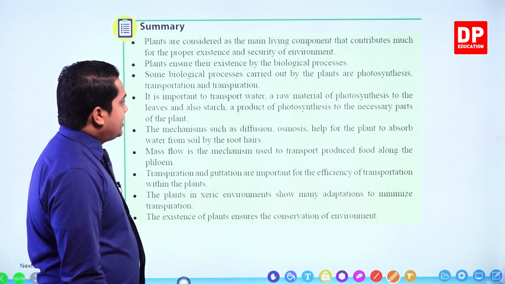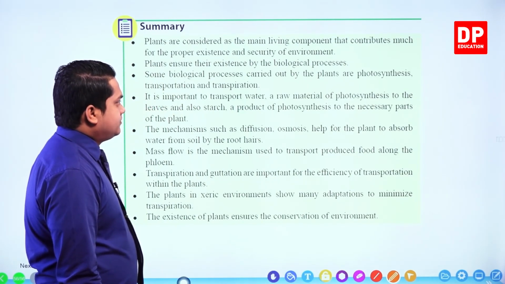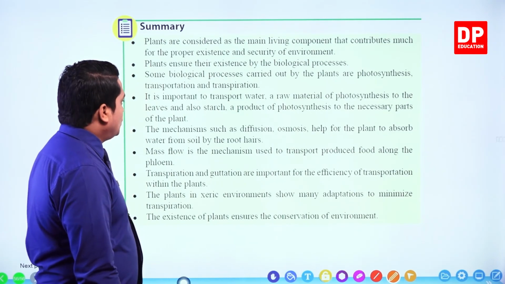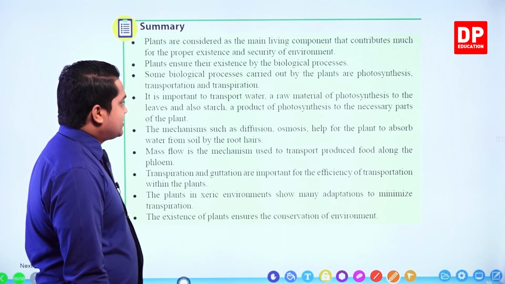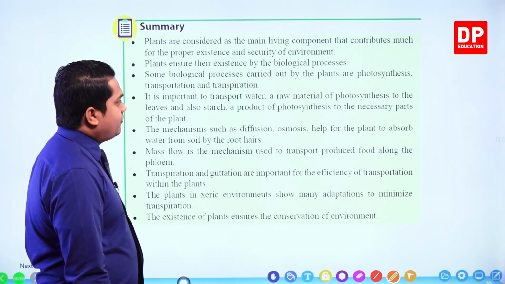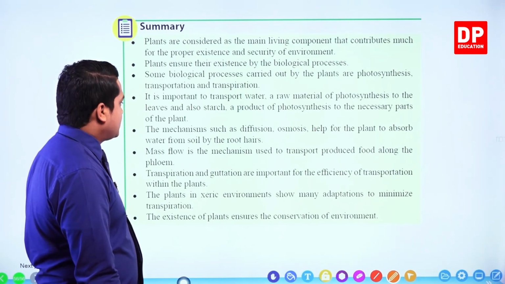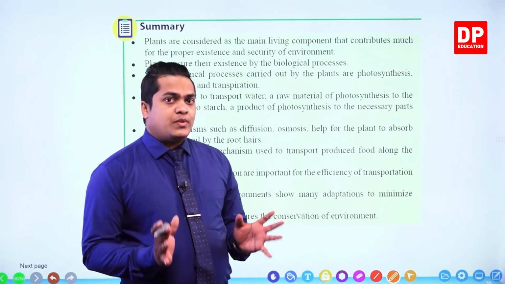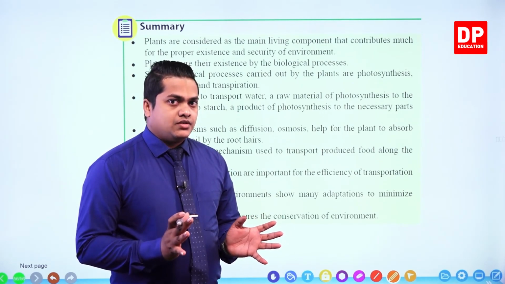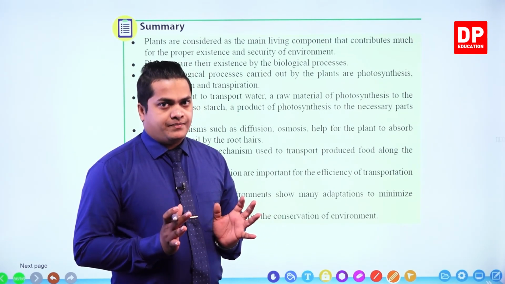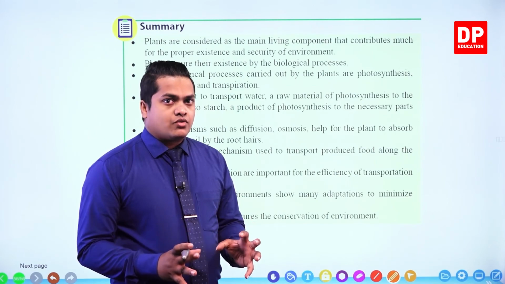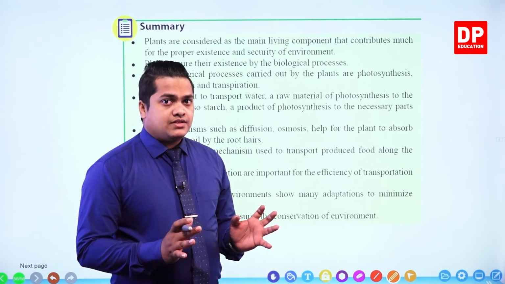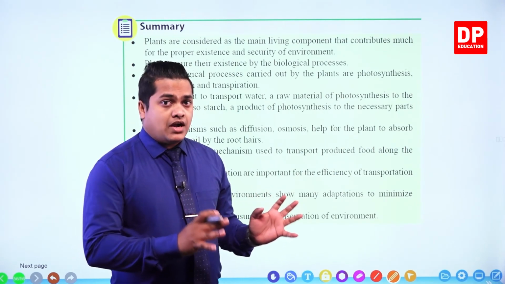It is important to transport water, a raw material of photosynthesis, to the leaves, and also starch, a product of photosynthesis, to the necessary parts of the plant. So transportation is very important for the plant, especially transportation of water from root hairs to each and every place of the plant.